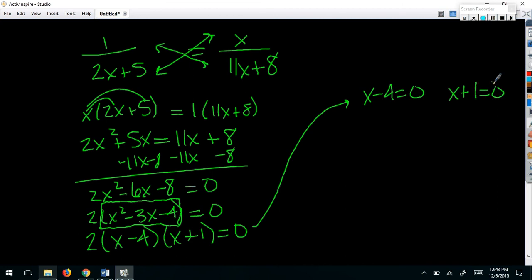Because 2 will never equal 0, you can ignore that part. You can look at it like this also. If I divided both sides by 2, it would cancel here, and 0 divided by 2 is 0. No more 2. So 2 solutions, 4 and -1.